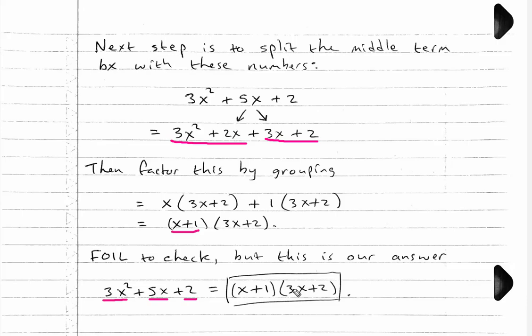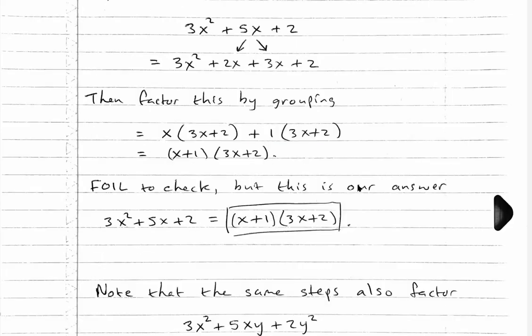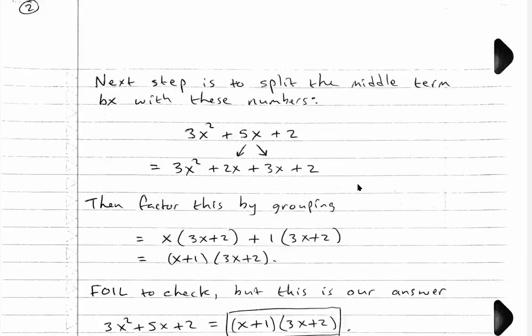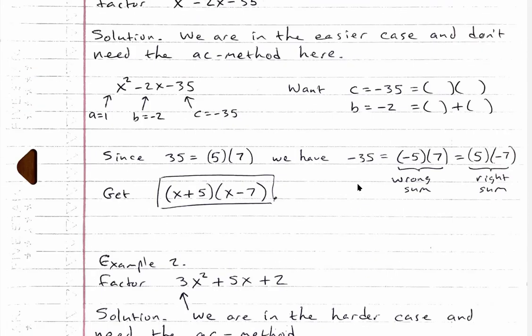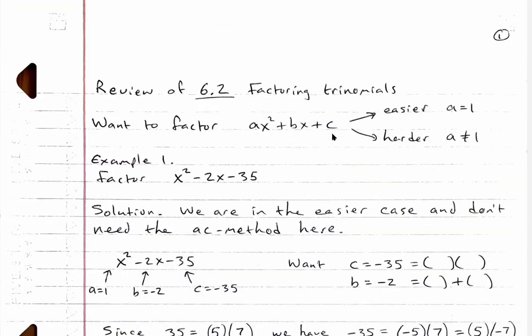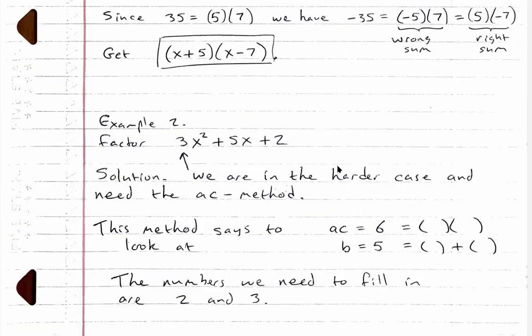If you foil out your answers and you don't get the original, then that's telling you made a mistake somewhere. So this is just a quick review of factoring trinomials, the easy case and the harder case.